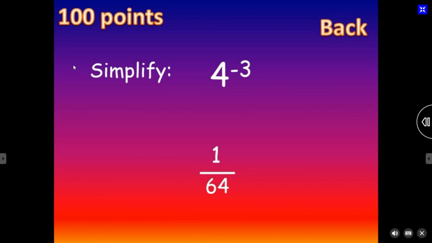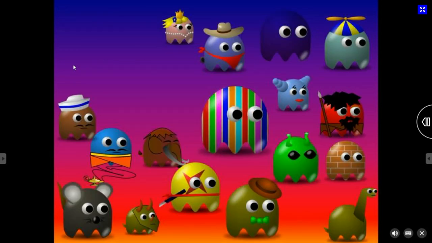What was the first way? 1 over 4 to the third, or 1 over 64. Alright, going back. We are going to problem 3. One more time, problem 3. Everybody heard?